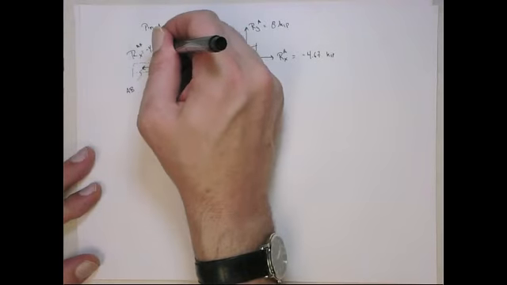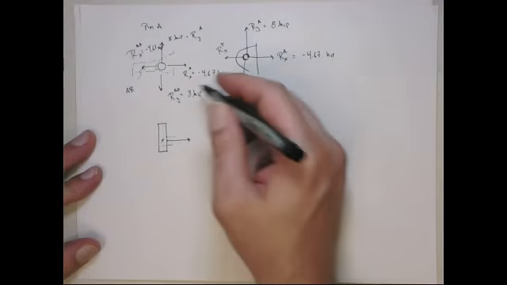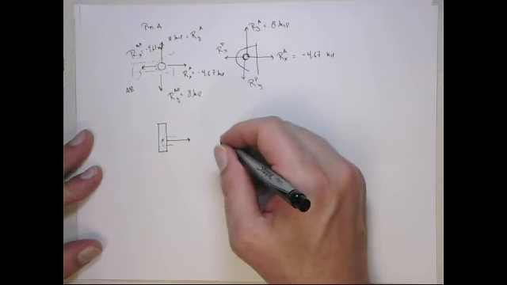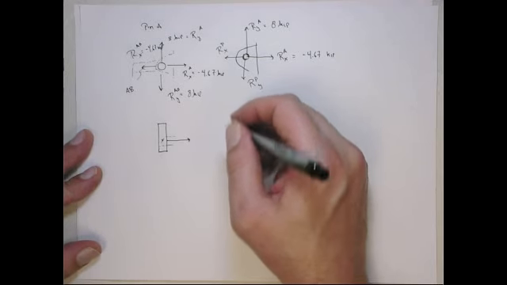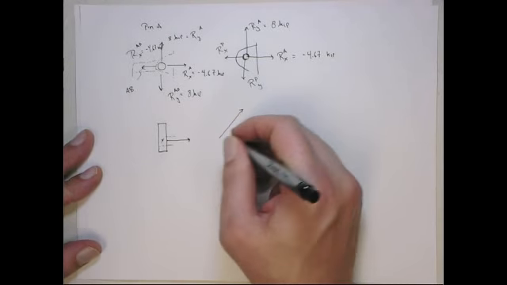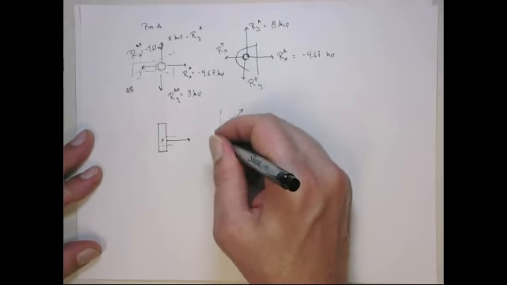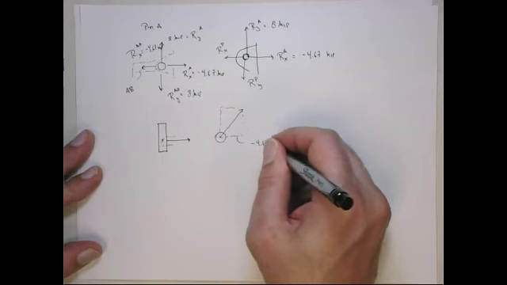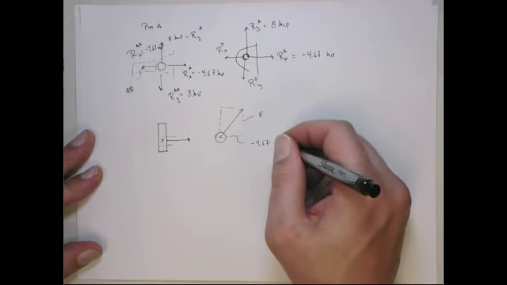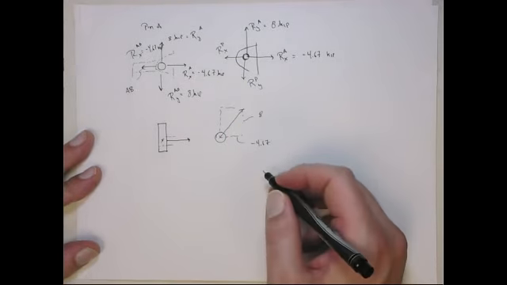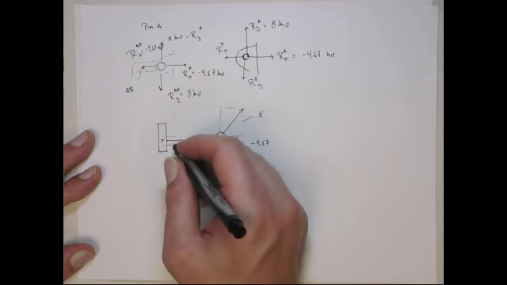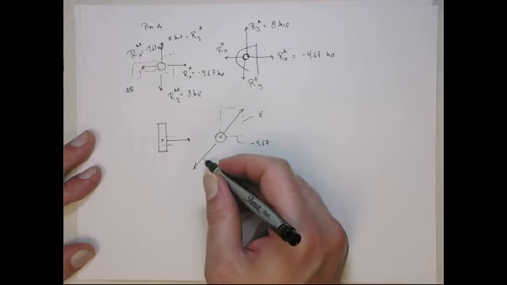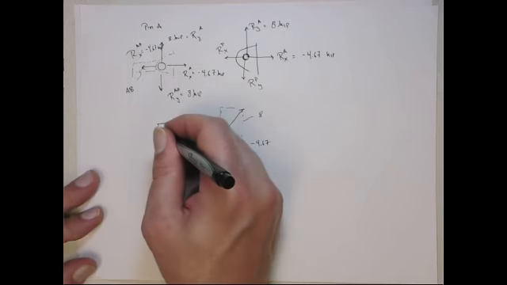Another way you can look at it is this reaction force has a magnitude and a line of action. If this leg is the minus 4.67 and this leg is the 8 kips, this is the net reaction force at pin A coming from this bracket. There's an equal and opposite force from element AB that acts on it.